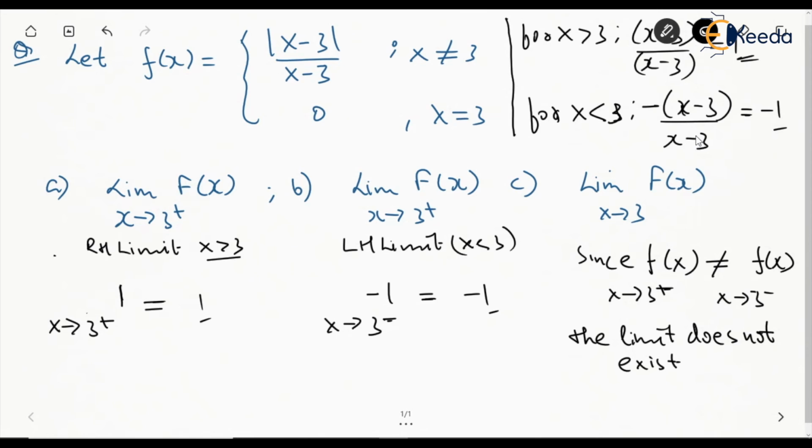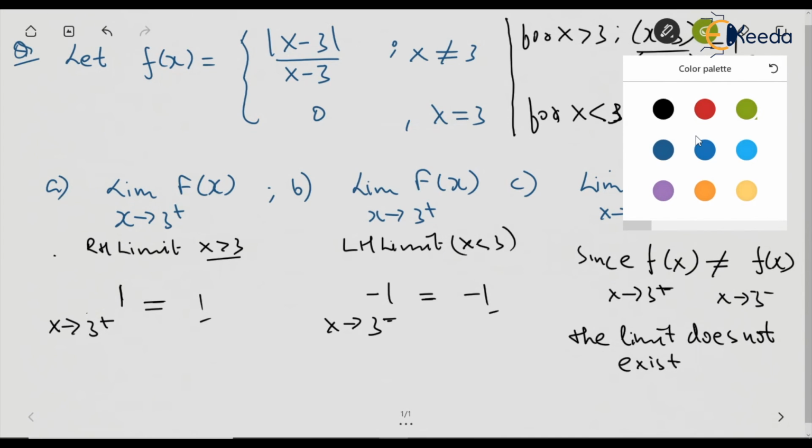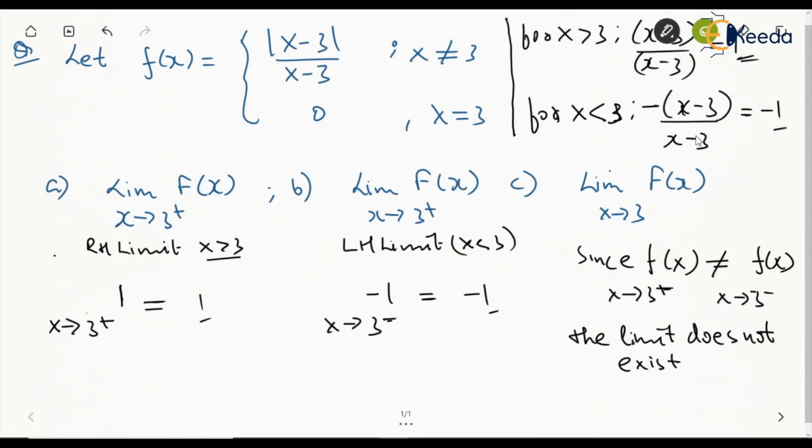Right? The limit does not exist. Right? So we found the right hand limit, left hand limit, and the limit for x tends to 3 where it is not valid or it is not existing. Right?